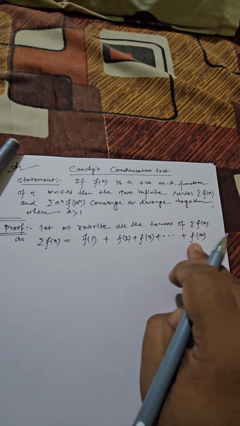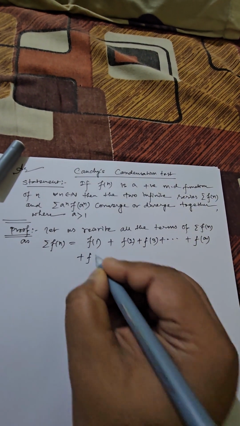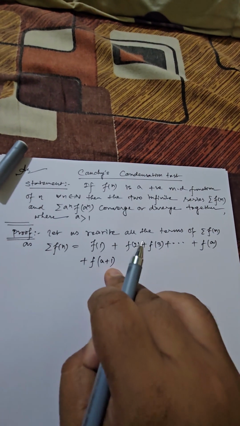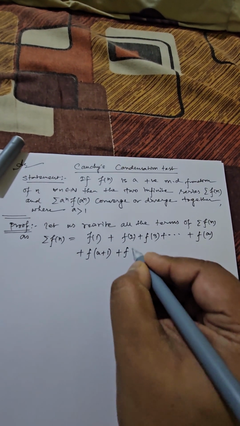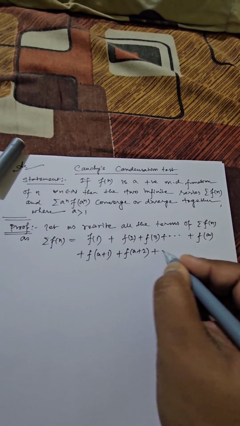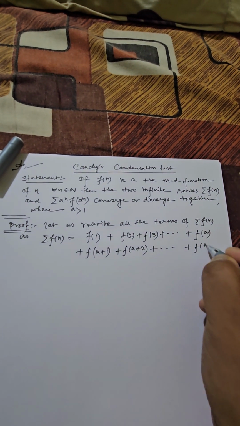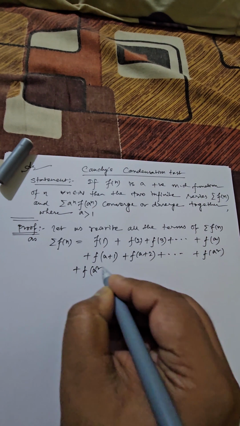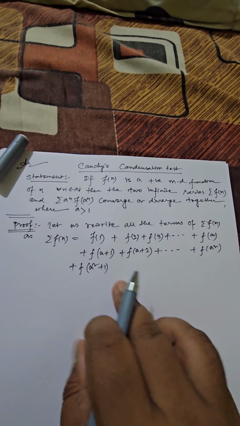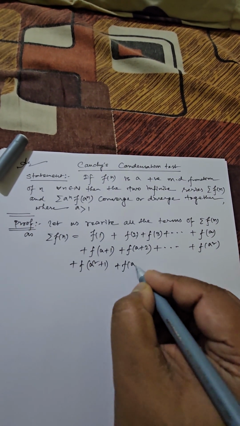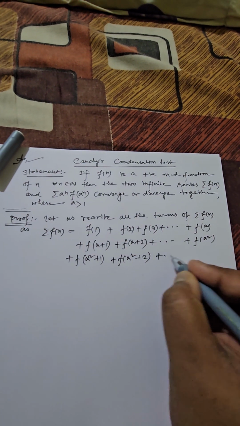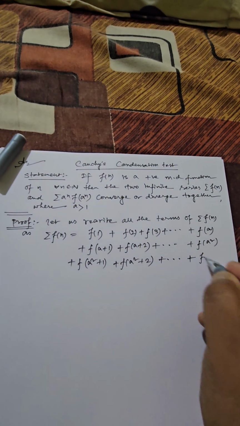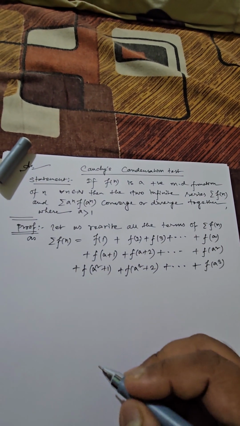Now once you have obtained f of a, just after that the next term can be considered as f of a plus 1, then f of a plus 2. Continuing in this way, you can carry on up to f of a square. Similarly, the next terms will be f of a square plus 1, f of a square plus 2, plus dot dot dot f of a cube.